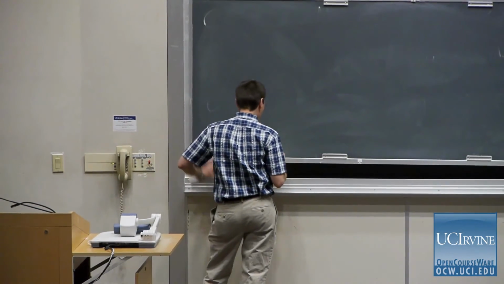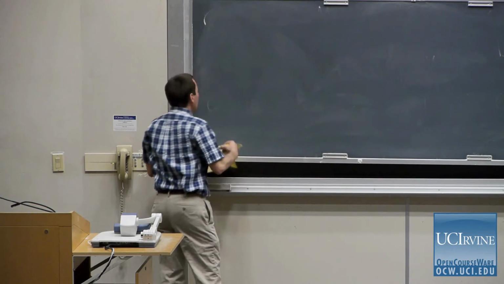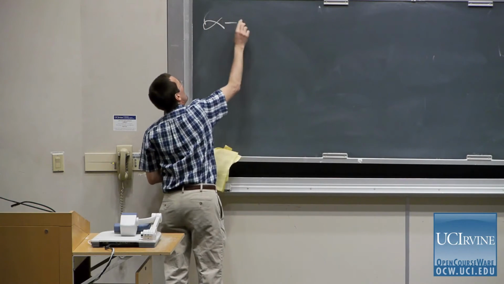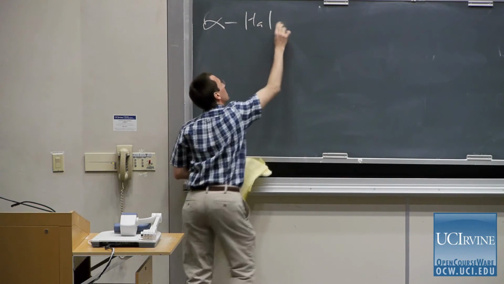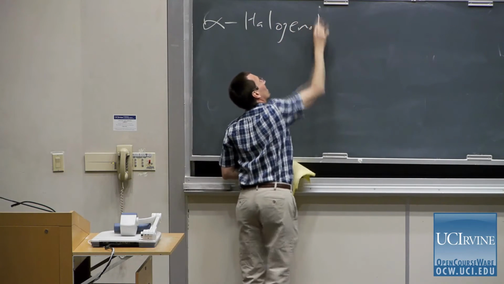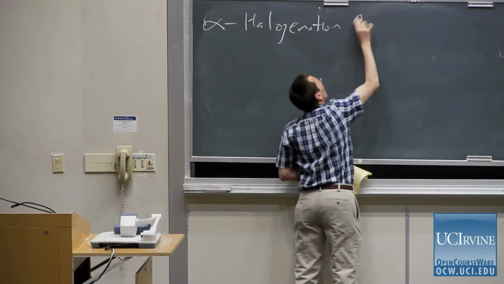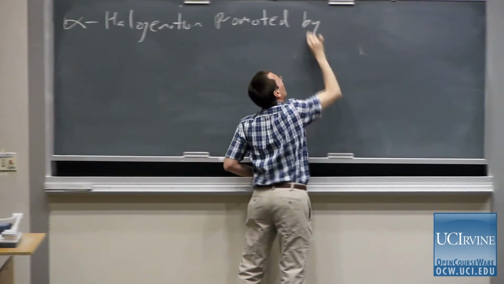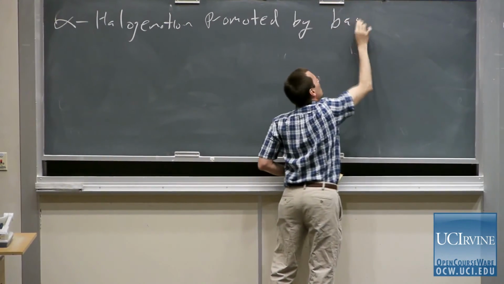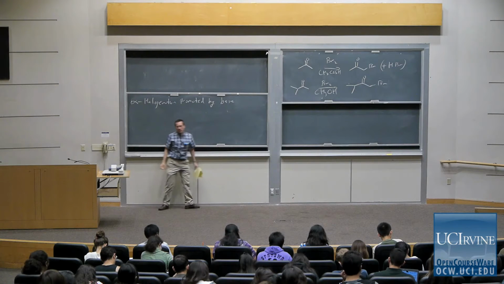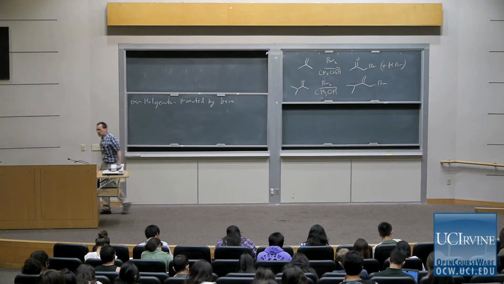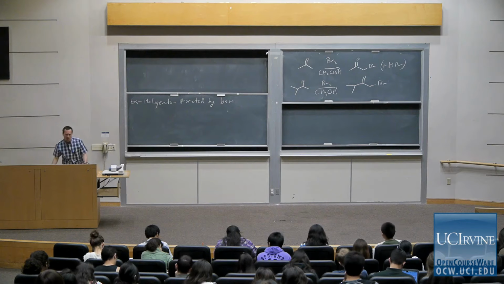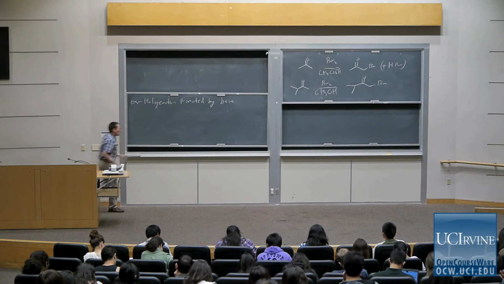All right. What I'd like to do now is to talk about alpha halogenation promoted by base. I'm not saying catalyzed because you'll see when I balance my equation that we use up a whole molar equivalent of base.